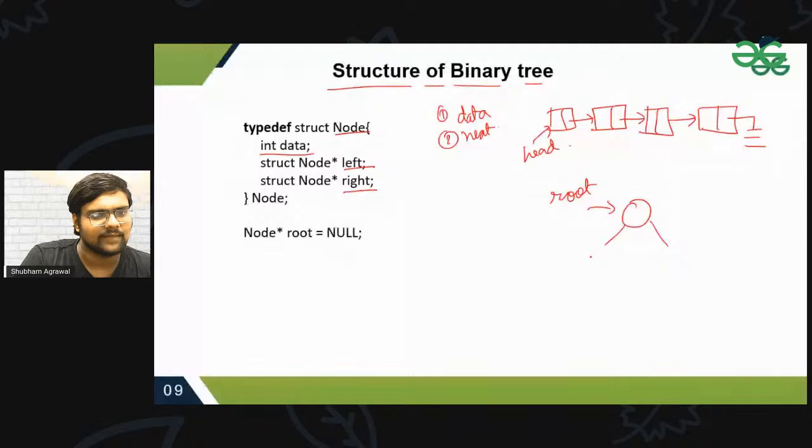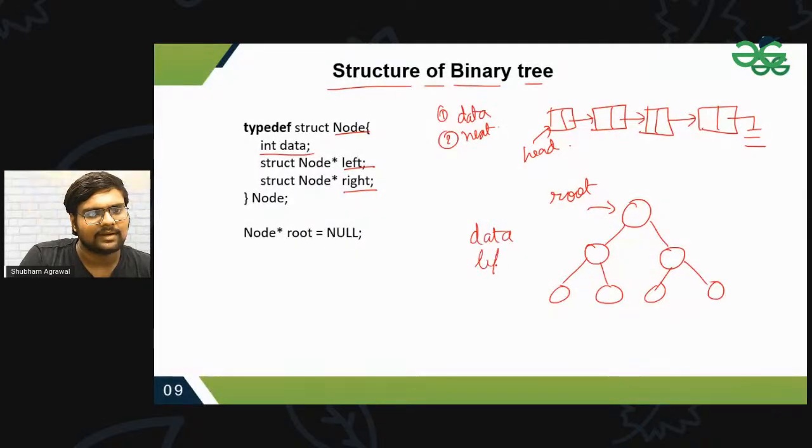So here it is a tree, and we have data and two pointers, left and right. So this is a linked list and this is a tree. Initially if it is an empty tree, then root is null.